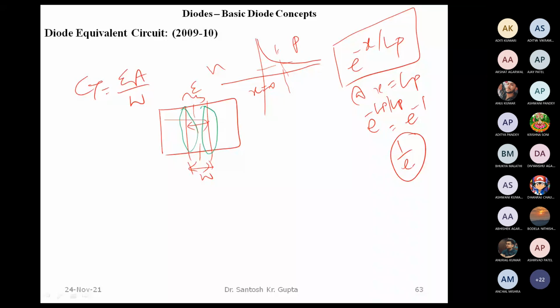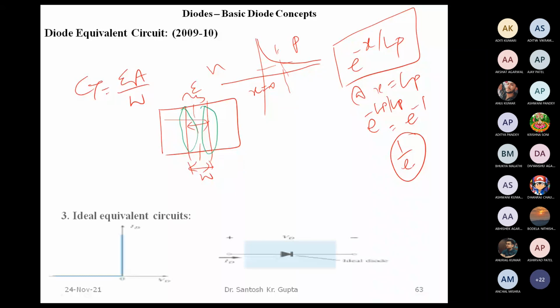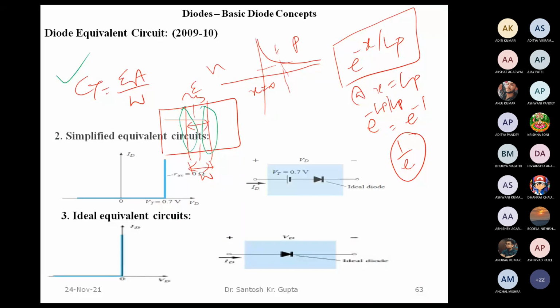So this is just behaving like a parallel plate capacitor. So by this we wanted to make the point that the diode not only gives rise to a resistance kind of behavior, but also gives another behavior, that is capacitance because of charge storage.